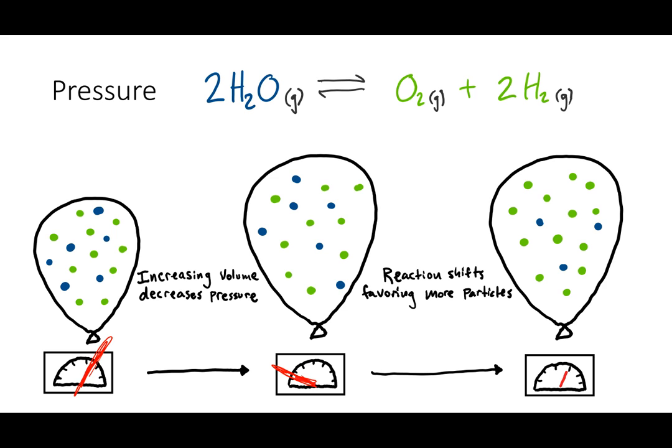We decrease it by making the balloon bigger. The reaction would then shift, favoring more particles. And we said earlier that there's 3 moles versus 2. That is the ratio. So it would shift to the right, favoring more gaseous particles. And as you can see, the gauge would be about the same as it was before these additional stresses.